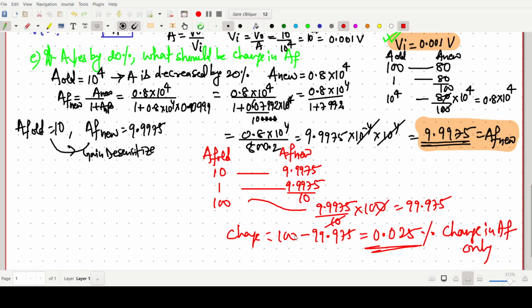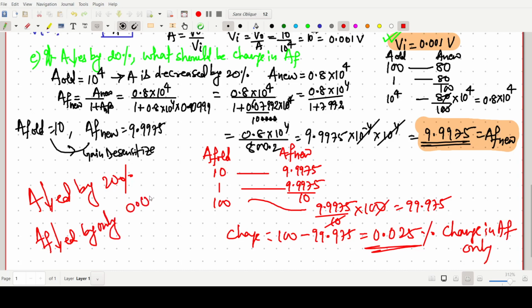Okay, so if A is decreased by 20%, the AF change is decreased by only 0.025%.